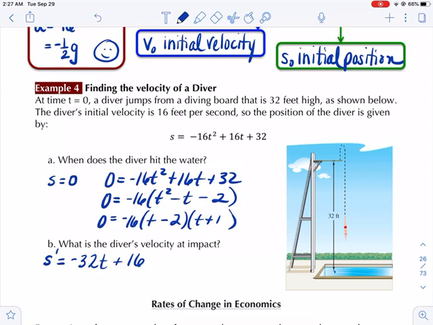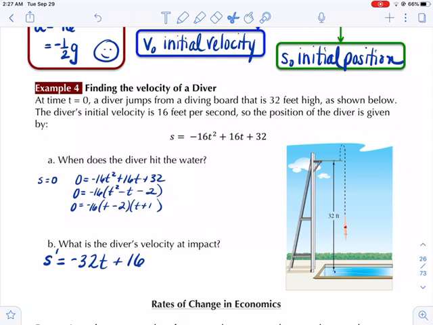So we have t minus 2 equals 0, or t plus 1 equals 0. So we get t equal to 2 or negative 1 seconds.